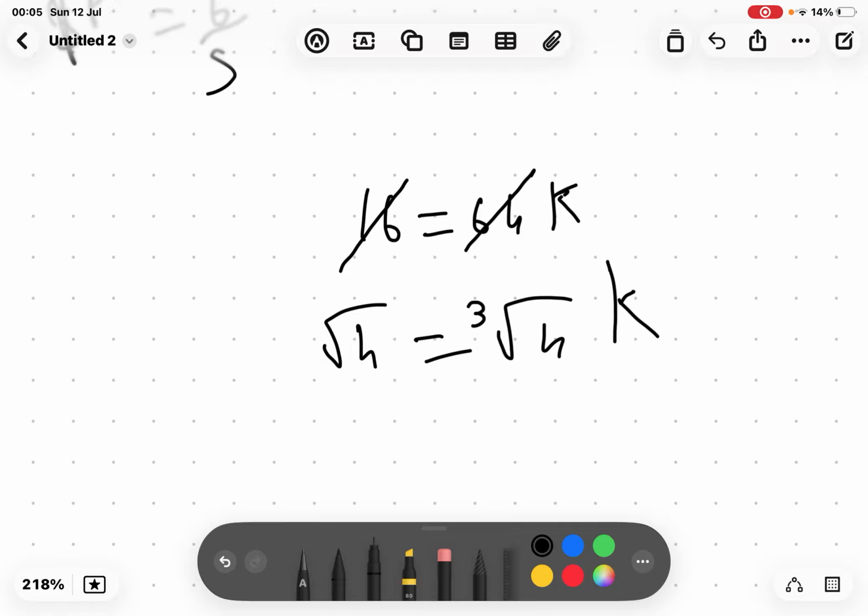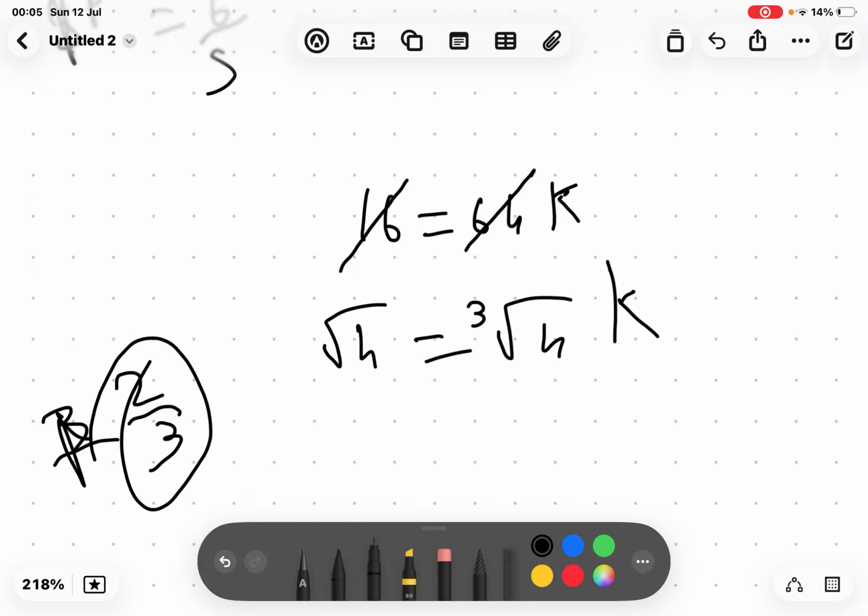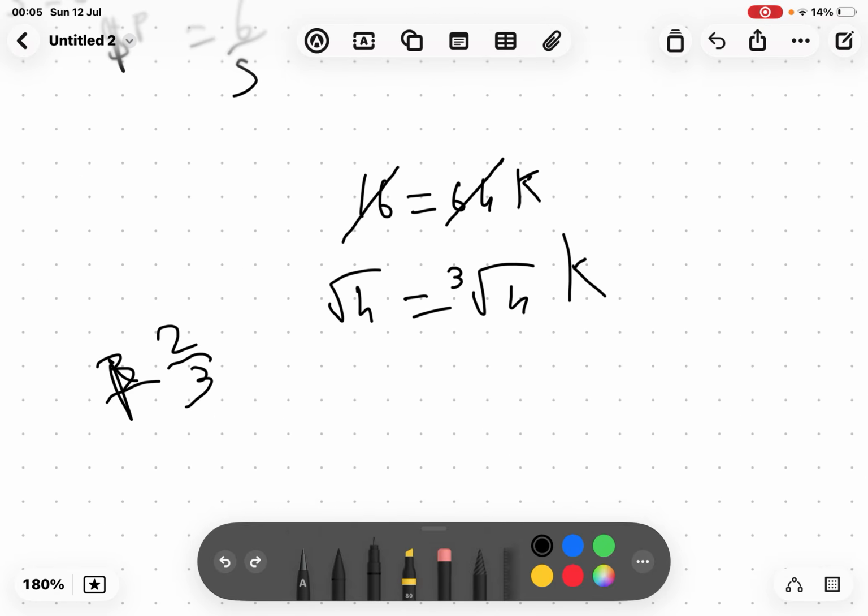The answer she got was 2 over 3. This is what k apparently is. How? Yeah, I don't even have a clue. I'm just going to go check what she got and how she did it. Ah, there it is.